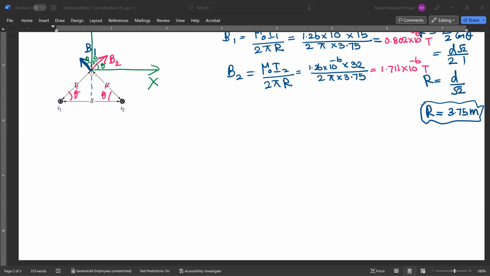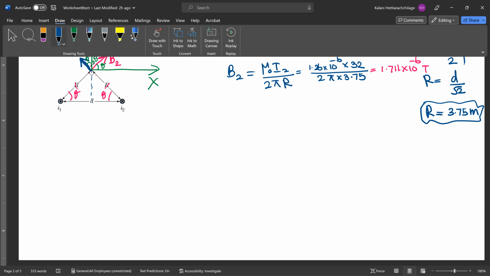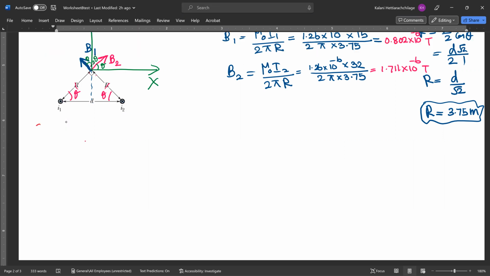Now the next step is calculating the resultant vector. As you remember from vector addition, if you identify that B1 and B2 are perpendicular to each other, there is an easy method.